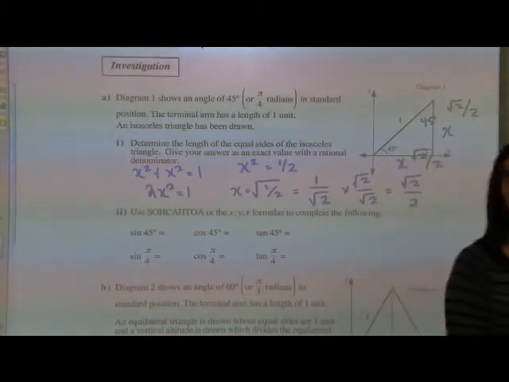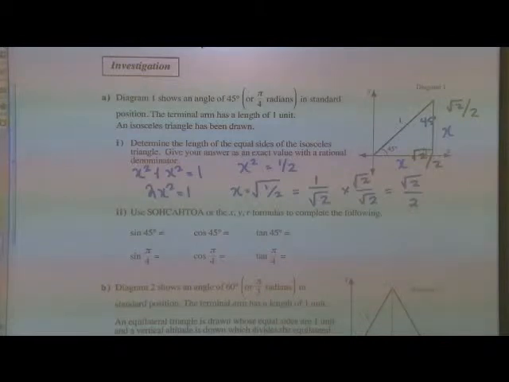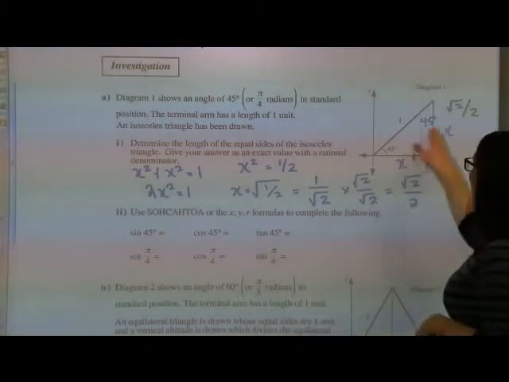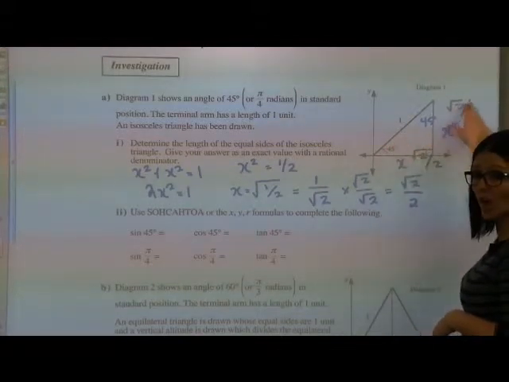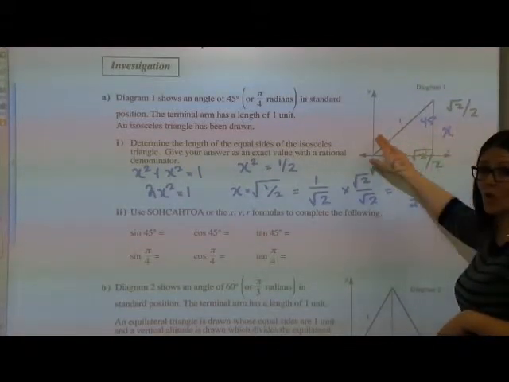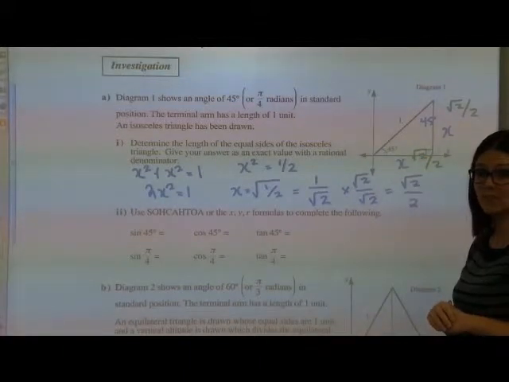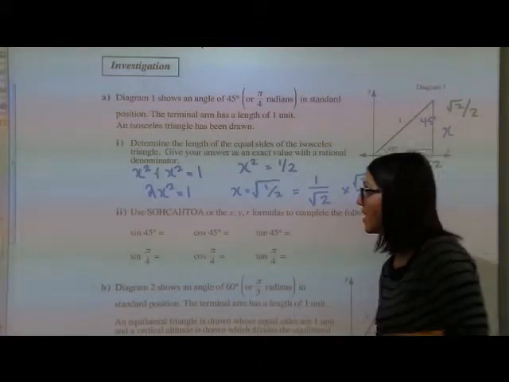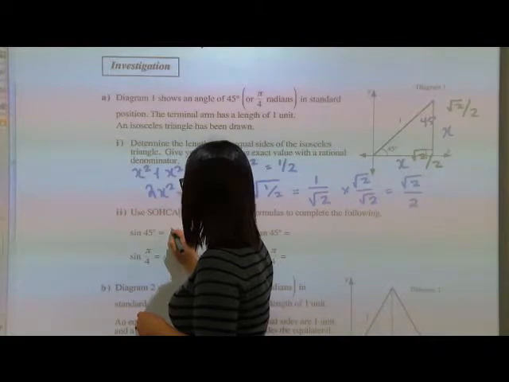So if I go back through my sine, cos, and tan, sine is opposite over hypotenuse. So the opposite side is root 2 over 2 over the hypotenuse, which is 1. So I end up with root 2 over 2.